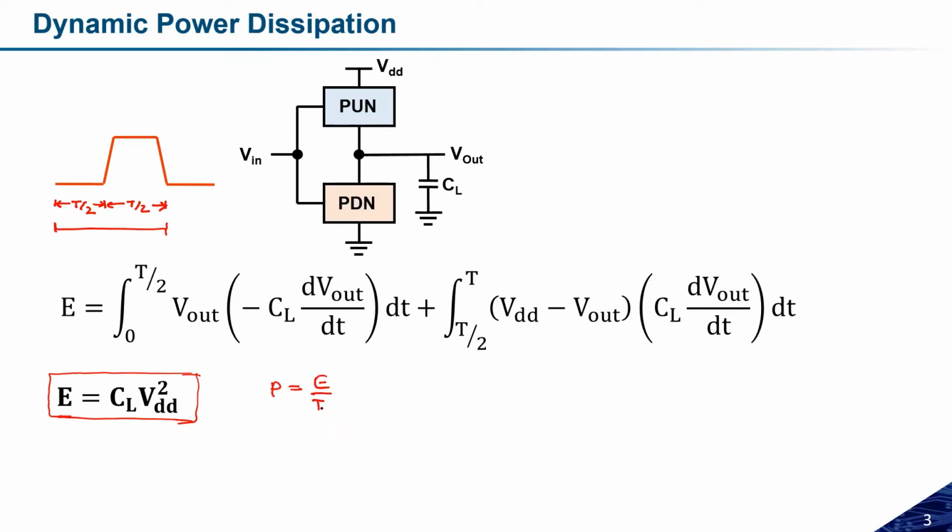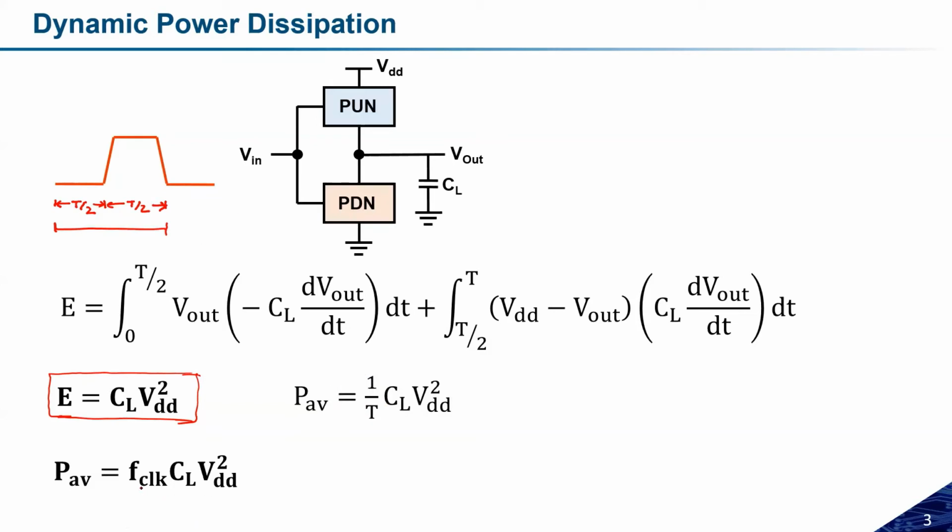Like if we divide with the time period, then we can calculate the total average power dissipation. So the average power dissipation can be calculated like 1 by T times CL VDD square. Okay, and this 1 by T can simply be replaced with the clock frequency of this input cycle.